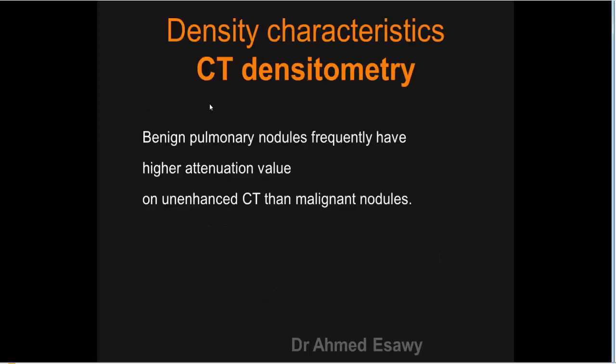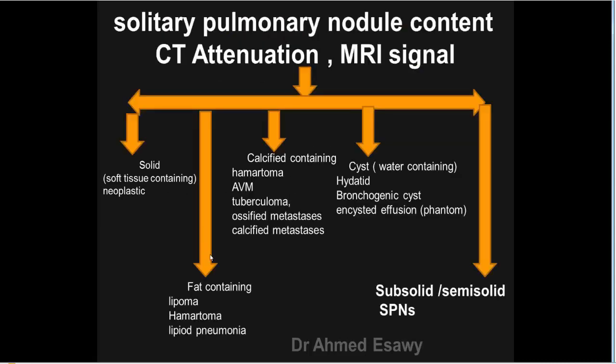As regards density characteristics on CT densitometry, benign pulmonary nodules frequently have a higher attenuation value on enhanced CT than malignant nodules. Attenuation and MR signal are classified according to content. Solid nodule, soft tissue containing, mostly neoplastic, benign or malignant.